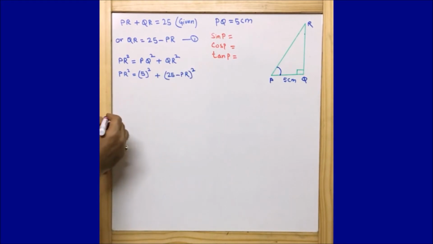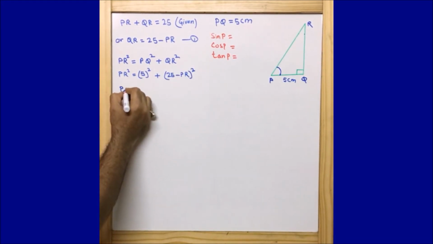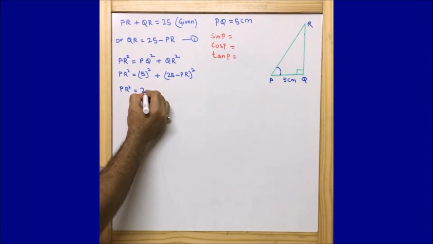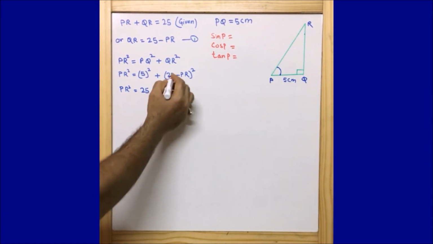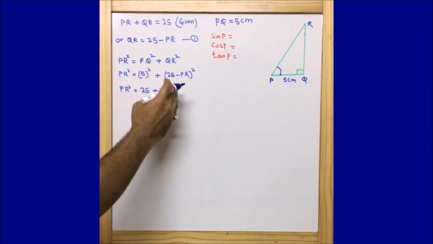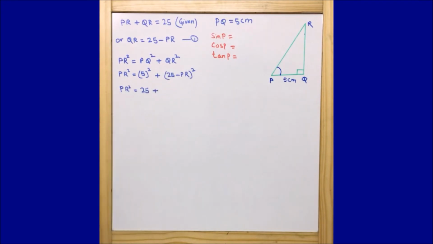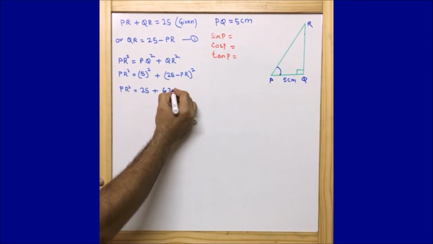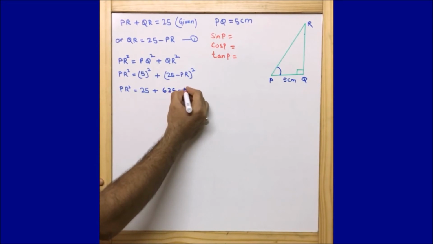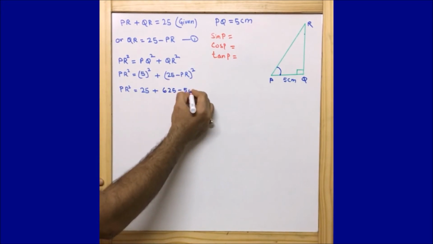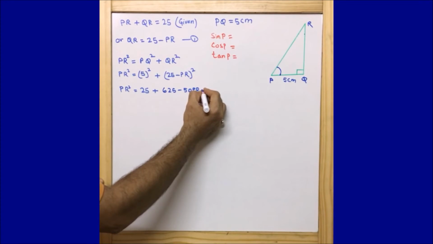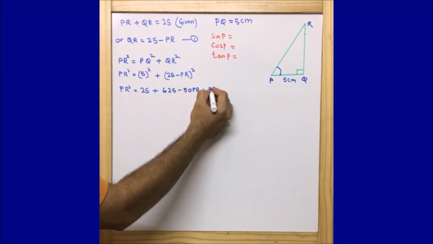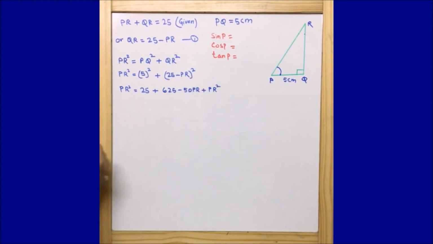Or in other words, I can write PR square is equal to 25 plus, let us solve this one. This is A minus B whole square. So A minus B whole square is nothing but 25 into 25 is 625 minus 2AB, so that means 2 into 25, 50 PR plus B square. That means PR square.